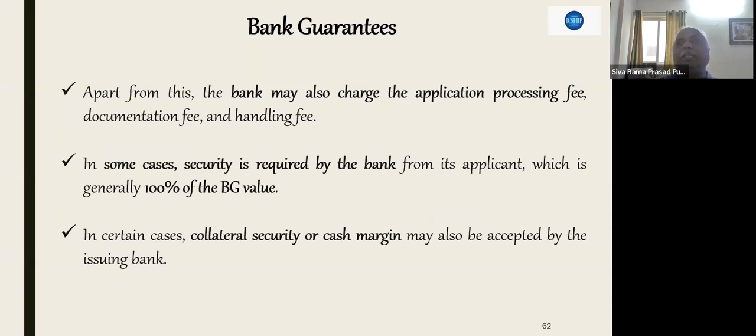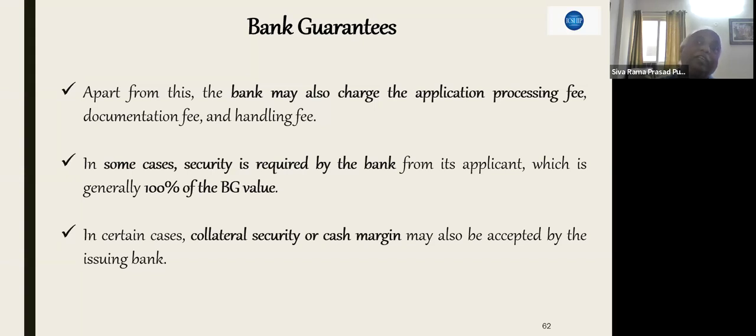First, we have to take the application and verify the credentials of the financial creditor, the corporate data, and whether he has adhered earlier or not, and whatever the documentation fee, stamp duty, and handling fees, all these things we will recover. And in some cases, security is required, generally 100% of the BG value from the applicant.